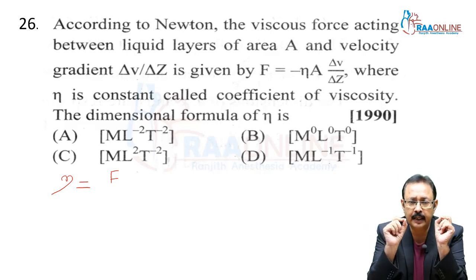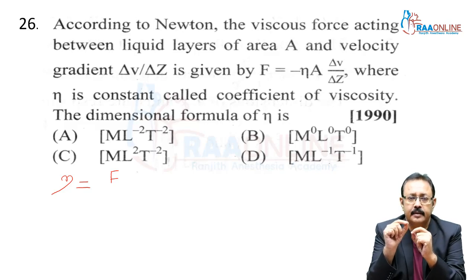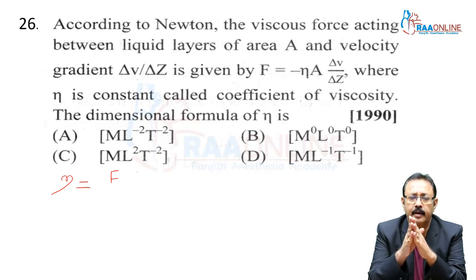It means delta Z is representing a distance. After moving this distance, by what amount did the velocity change? It is the velocity gradient, meaning change in velocity per unit length.